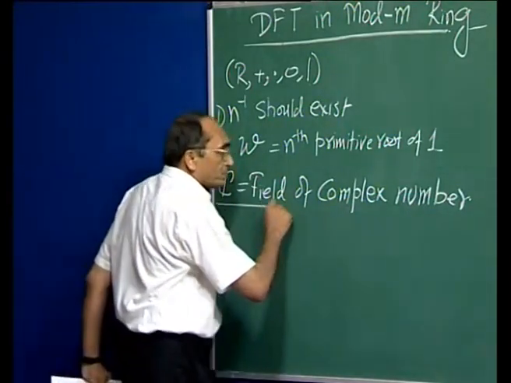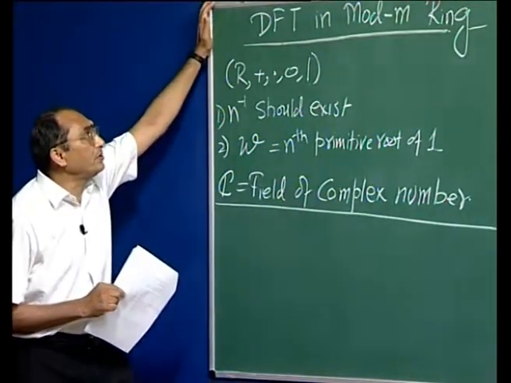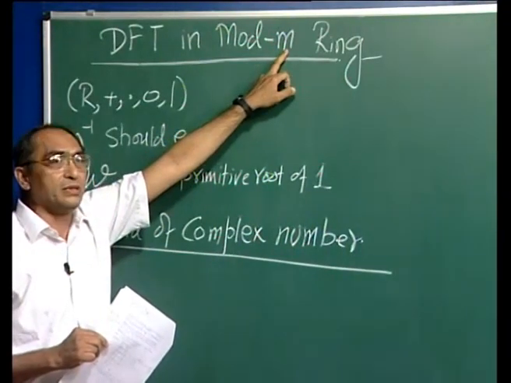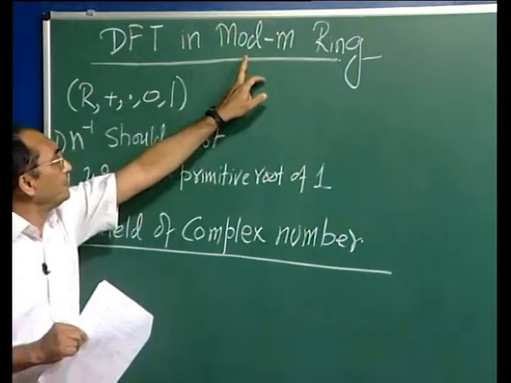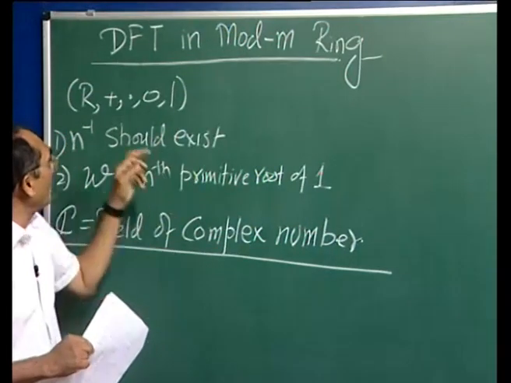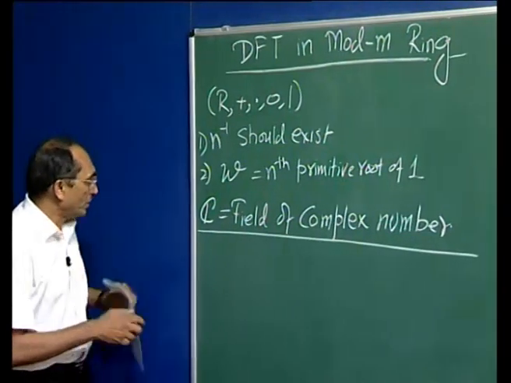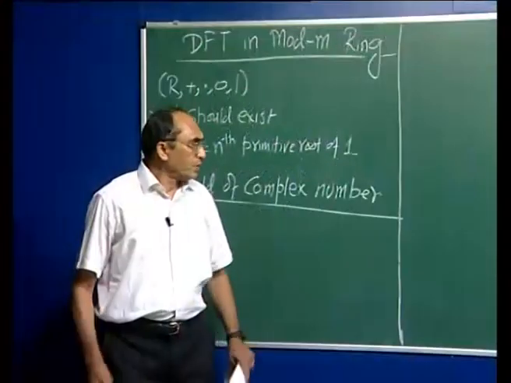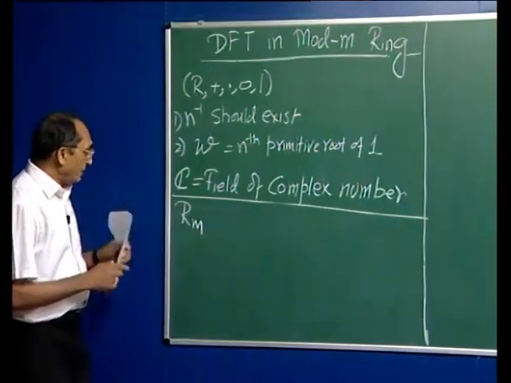So today I am going to discuss such a ring which is actually nothing but the modulo m ring, where m is a specifically chosen integer, and the ring is numbers ranging from 0 to m minus 1, and both these operations, multiplication and addition, will be done modulo m. I am going to denote that by Rm.